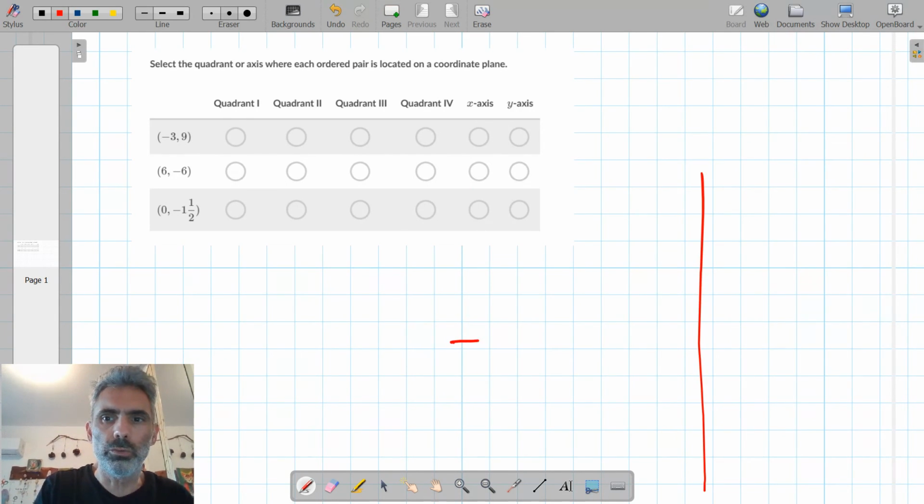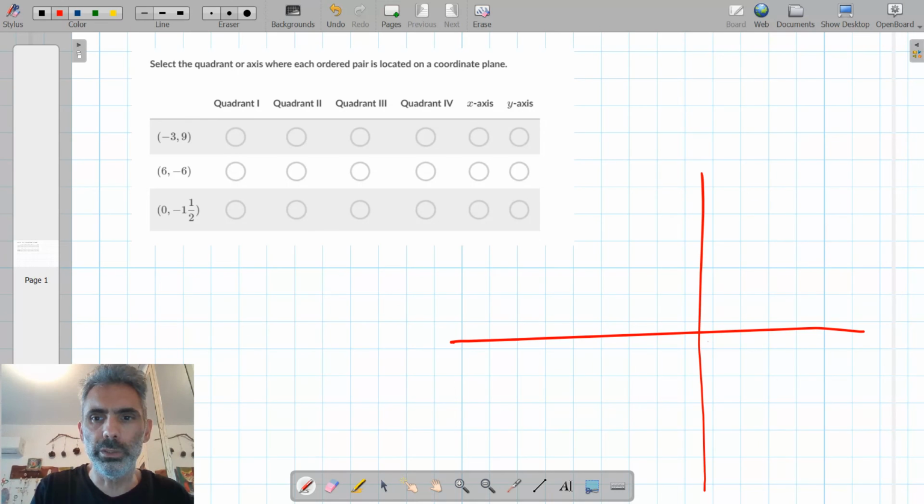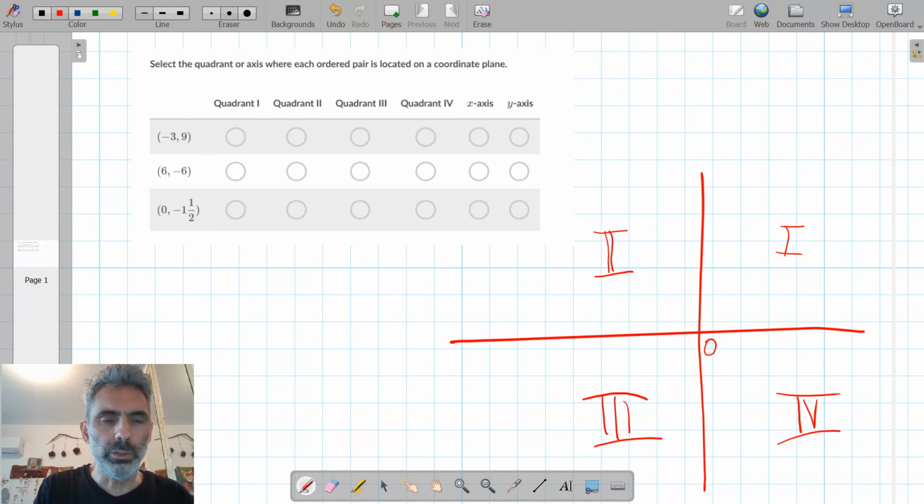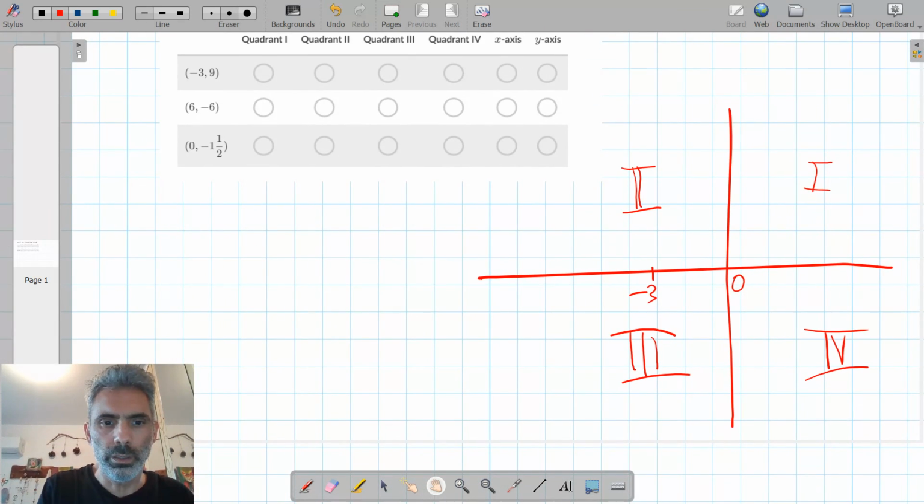Select the quadrant or axis where each ordered pair is located on a coordinate plane. Let's draw the coordinate plane. This is the 0, this is quadrant 1, quadrant 2, quadrant 3, and quadrant 4. Minus 3 on the x-axis, and positive 9 on the y-axis.